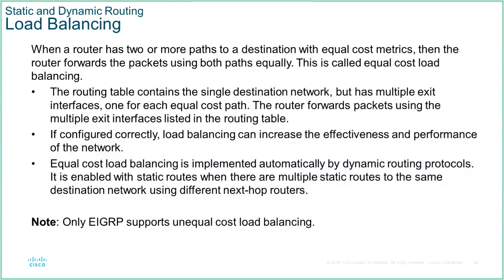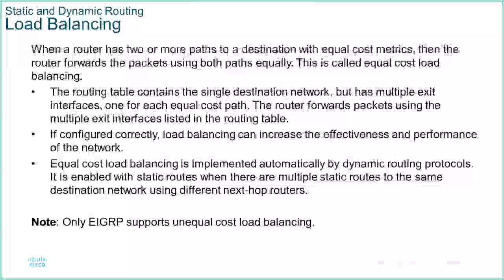Now, if we have multiple paths costing the same from the same source, we will load balance between those paths. So if OSPF tells me there's two paths, I can go out serial 1 and serial 2, get to the same destination, and they both cost 50 to get there.